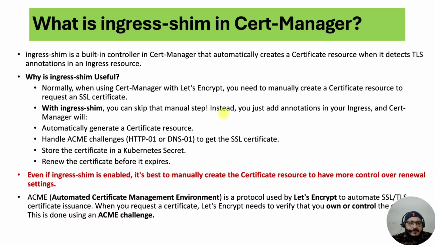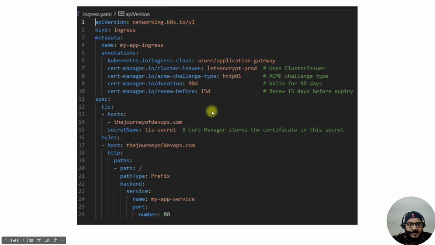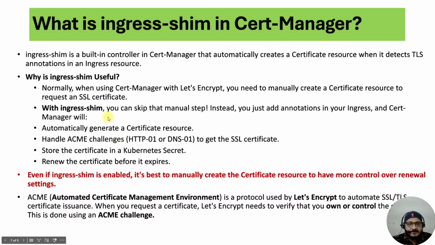Let me quickly go to my next slide, then I'll come back. If you see here the cert-manager.io/cluster-issuer annotation in your YAML file, it means... oh sorry, let me go back, I forgot. Whatever ingress or certificate we are going to use, you should not create the certificate manually if ingress-shim is enabled.